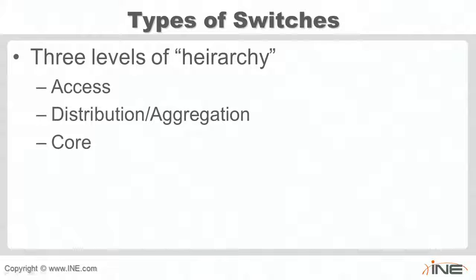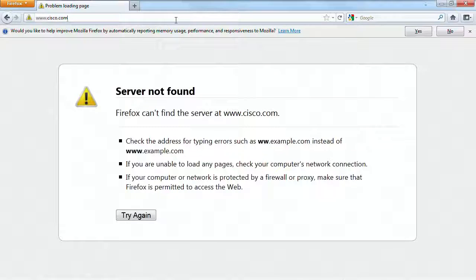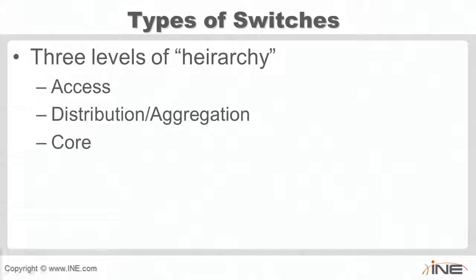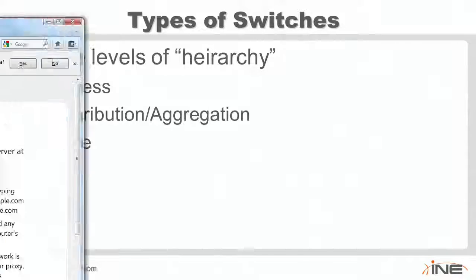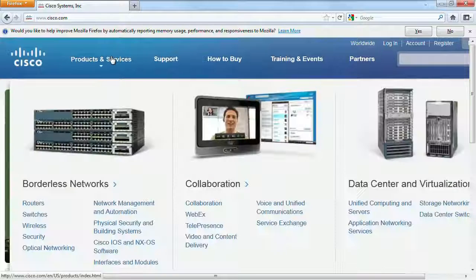Now, in the case of Cisco's current portfolio, if you were to go to their website, under products and services, a vast majority of what we're going to be focusing on here is under routers and switches.